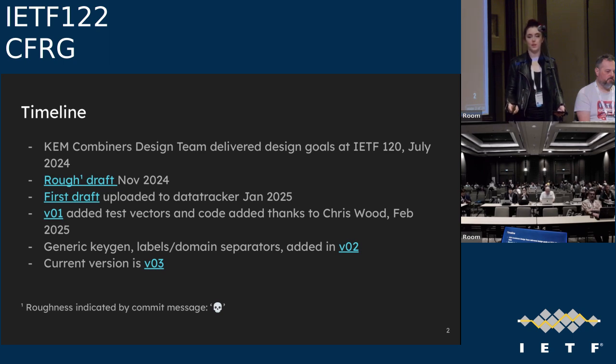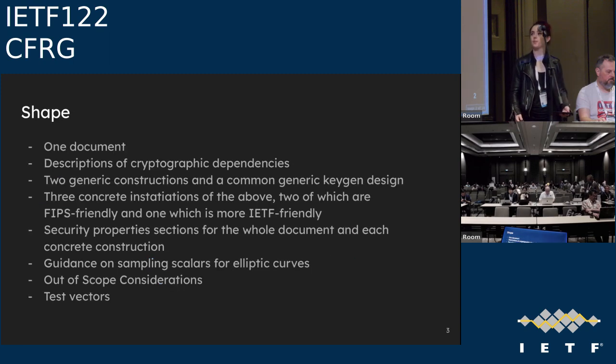It was a very rough draft, which is why the commit message is just a skull emoji. Then we added test vectors and code, thanks to Chris Wood, thank you very much. And then we added generic keygen, labels, and domain separation in version 2. Now the current version is 0.3, and we talked a little bit about that earlier.